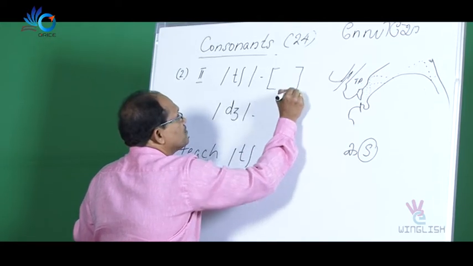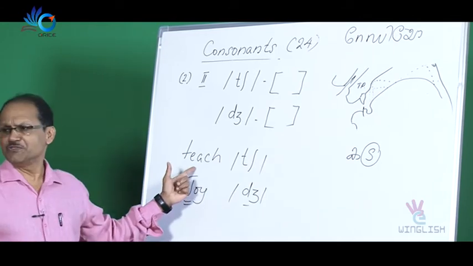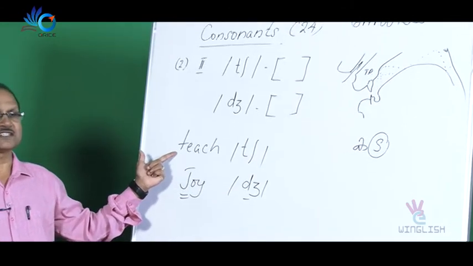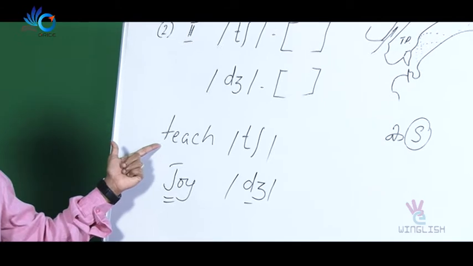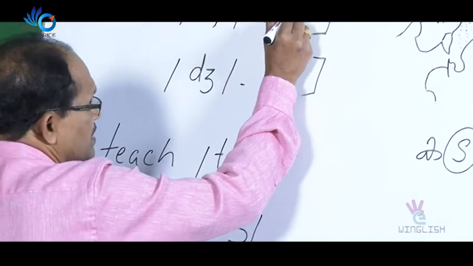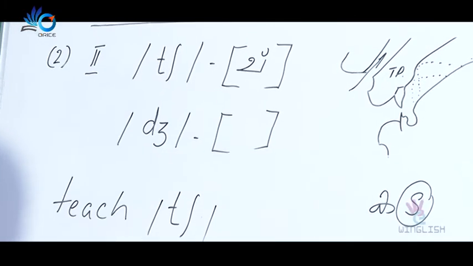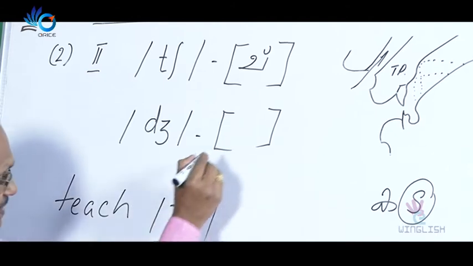Do we have the sound in Malayalam? How do we pronounce these words? The first word, teach, of course we have, and this is the sound ch, okay, and this one j.